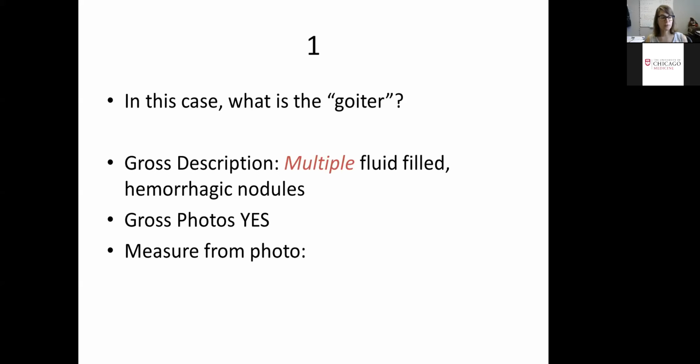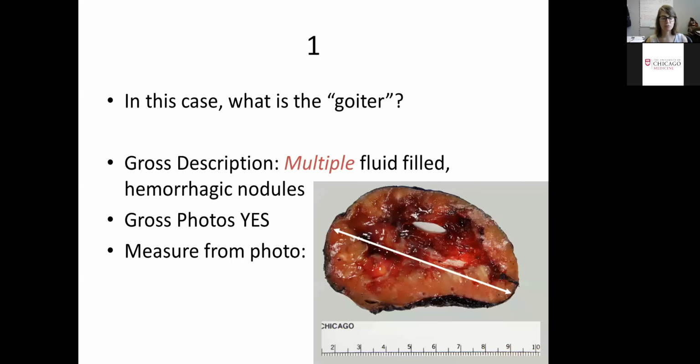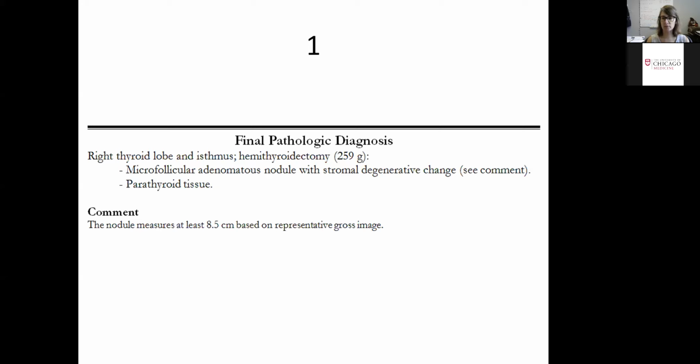So in this case, from the multiple fluid-filled hemorrhagic nodules, what we did was we went back and we measured from the photo, okay? Because we didn't have a gross measurement necessarily of the size of that thing, we at least got a single dimension from the gross photograph. So I called this a microfollicular adenomatous nodule with stromal degenerative change. There was also some para at the side.